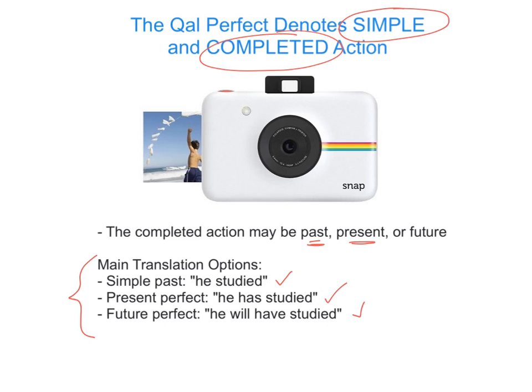Start to get used to recognizing verbal roots and then paying attention to things like those suffixes to help us parse a verb for the inflected person, gender, number, and then to use those things as a guide for translating a verb and then translating those most often as our simple past, that simple completed action.